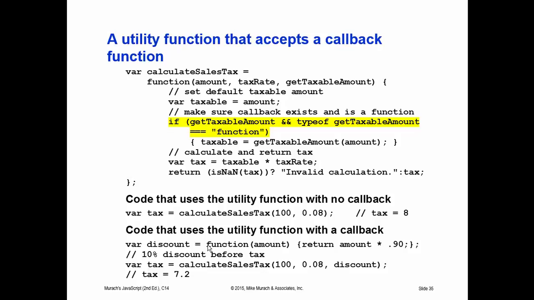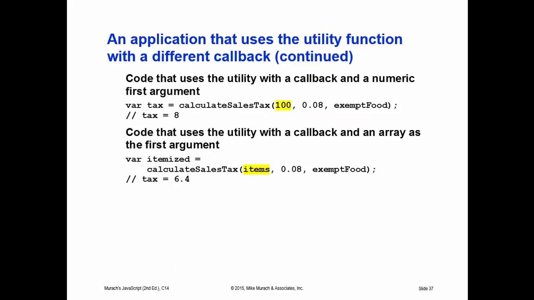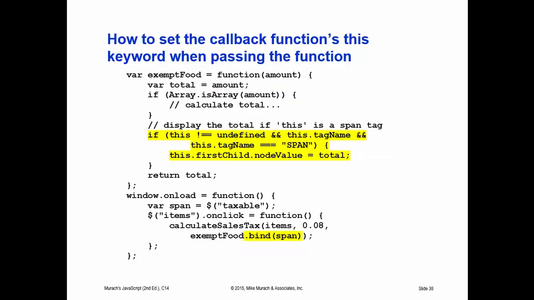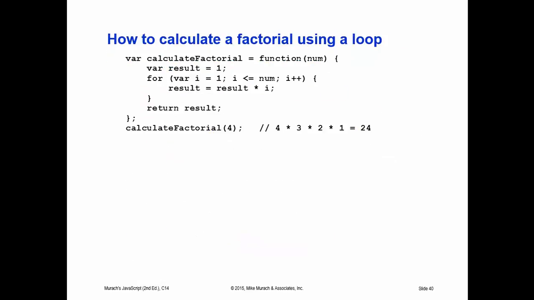The code that passes the callback function can use the bind method. Doing this will prevent the this keyword from being set by the call or apply method in the receiving function. Again, read it, read it. That's all I can tell you.